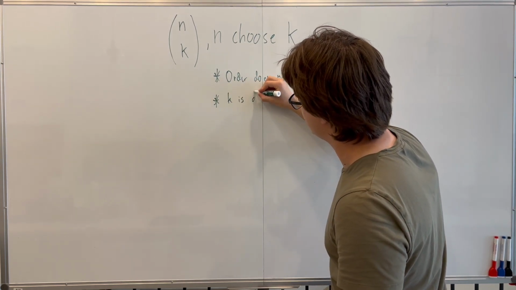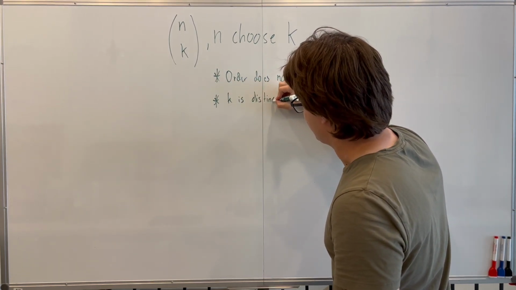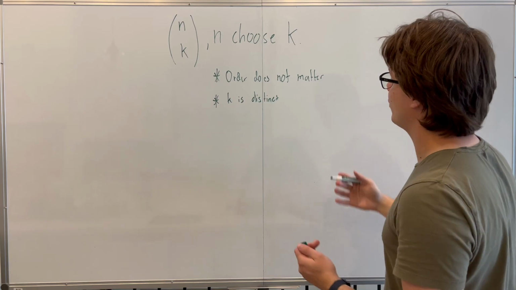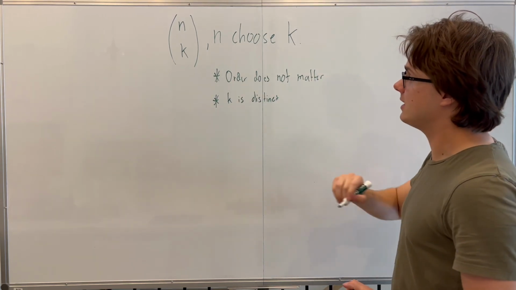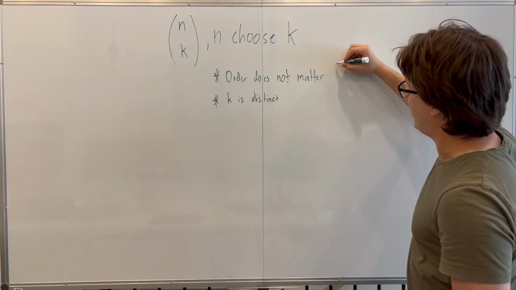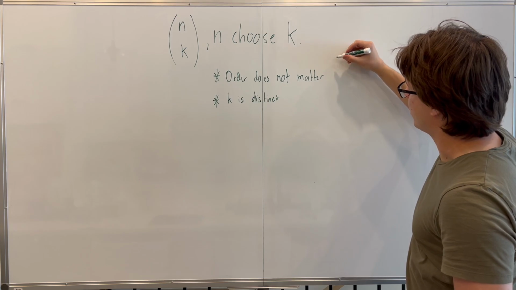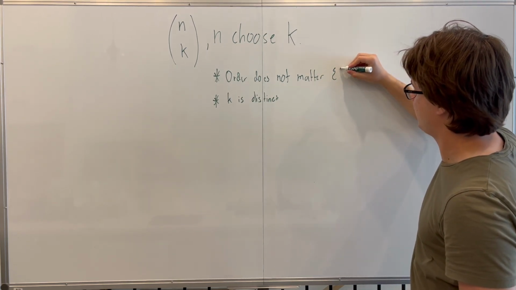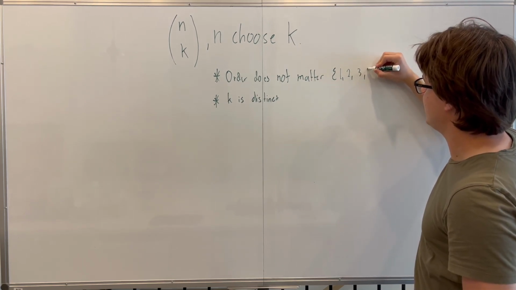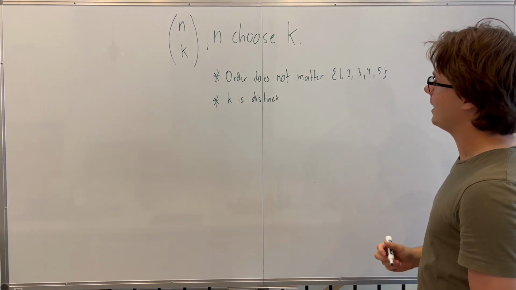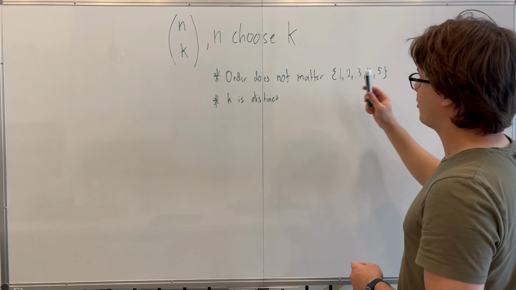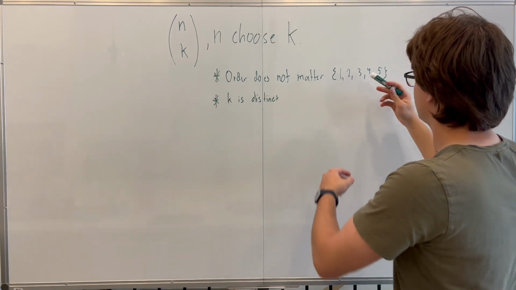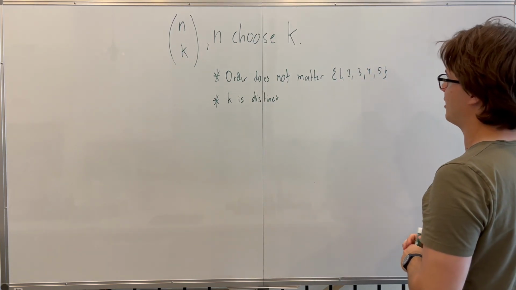K is distinct. So once again, to reiterate what these 2 points mean, let's say you have numbers. We'll go with numbers for this case. If you have 1, 2, 3, 4, 5, and you want to choose 3 elements in this set out of the 5.